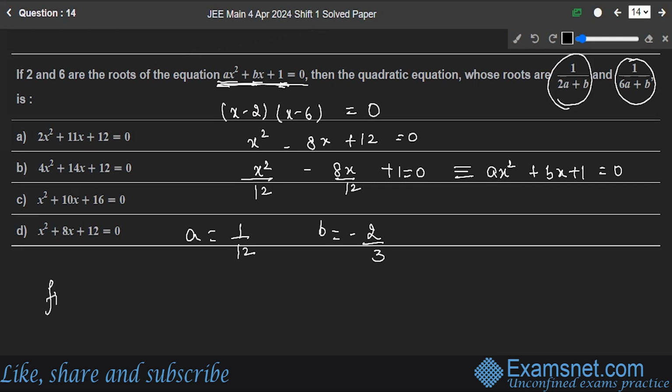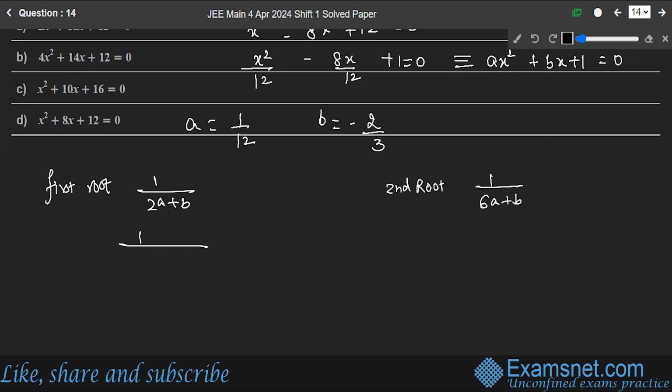So you want to have these two as the roots. The first root is 1 upon 2a plus b, and the second root is 1 upon 6a plus b. So you have 1 upon 2 into 1 by 12 plus minus 2 by 3, and the second root 1 upon 6 into 1 by 12 plus this thing.